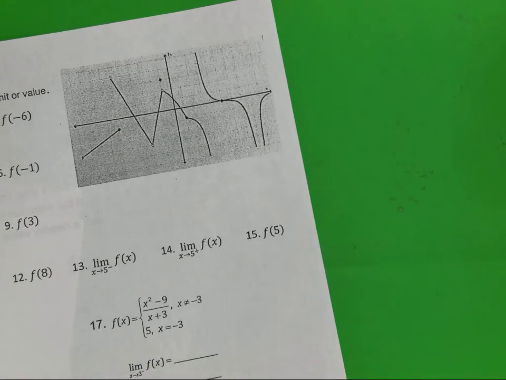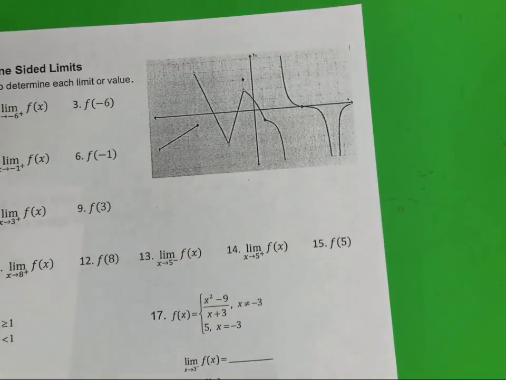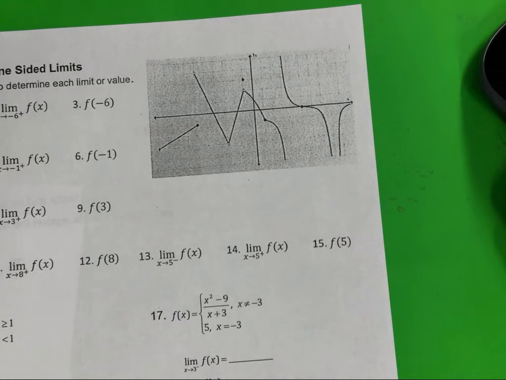All right. Let's look at page 5. We're going to look at one-sided graphs today. We already kind of did this. I'm going to apologize for the quality of this picture, so just look up here to see it.